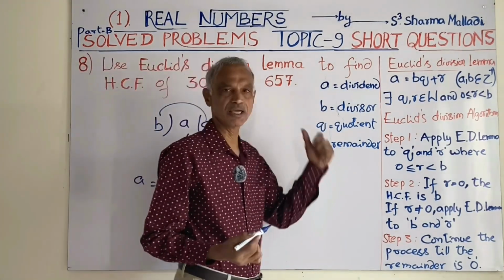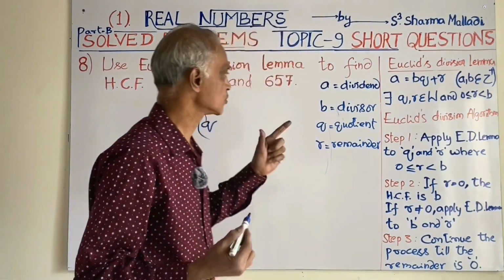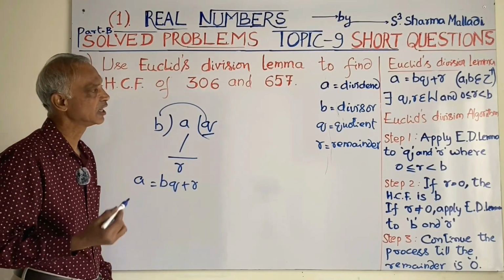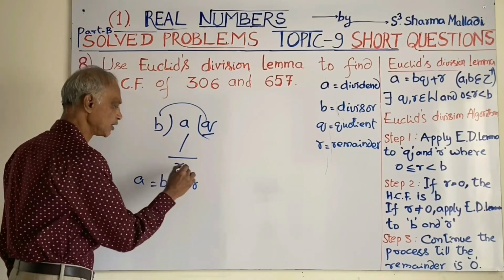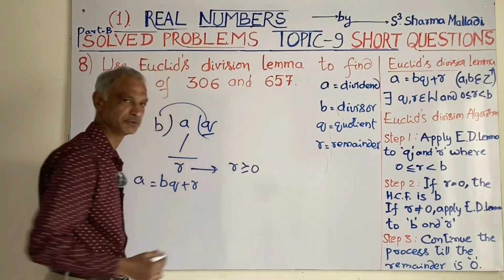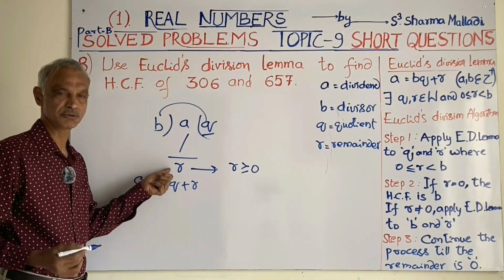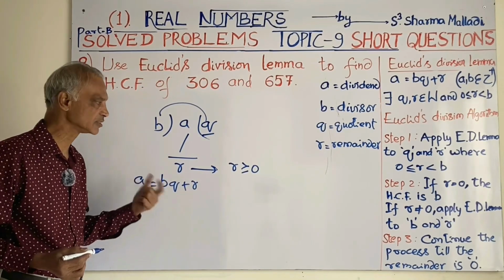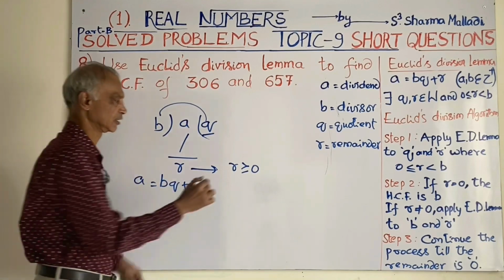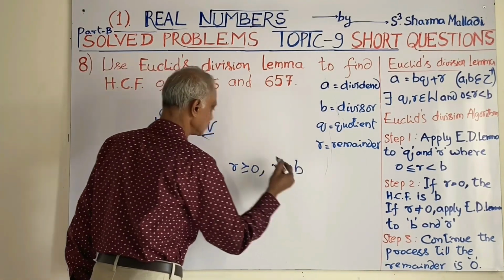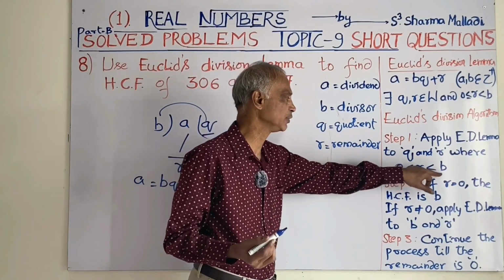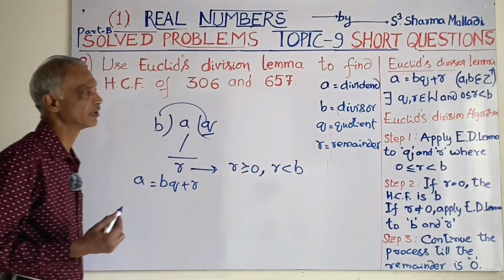Here A and B are positive integers. Q and R are whole numbers, and R should be greater than or equal to 0, and the remainder must be less than B. The remainder must be less than the divisor.